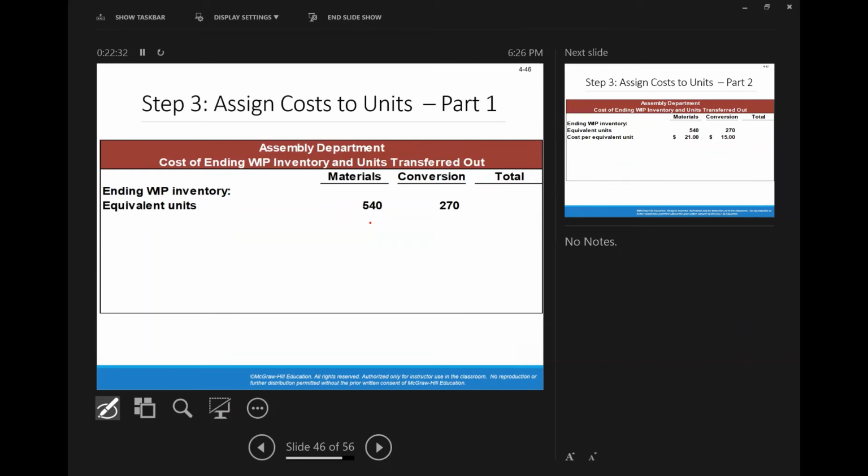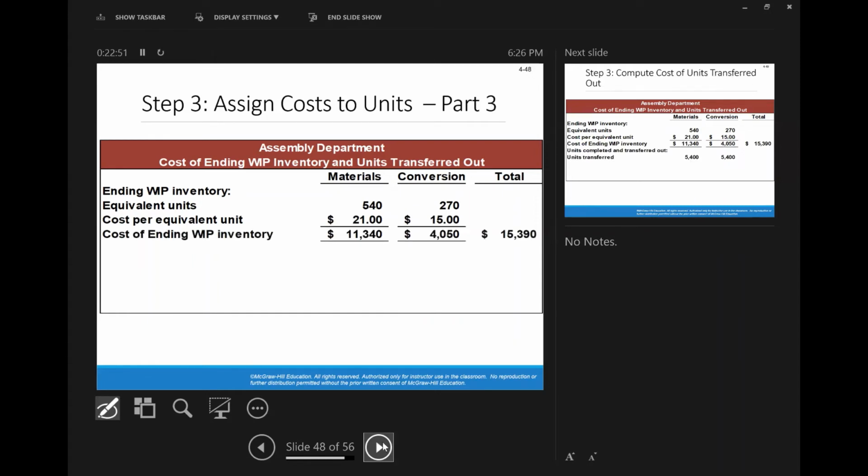All right, so here are our calculations. We had 540 equivalent units and 270 in the work in process department. We're not looking at it in total, we're just looking at the work in process department. What's left in there was 900 units. Okay, so we have our cost per unit that we just calculated. Now we know the ending work in process inventory.